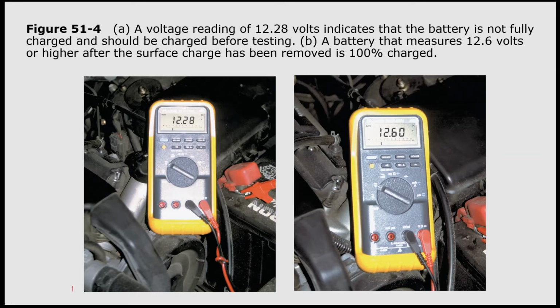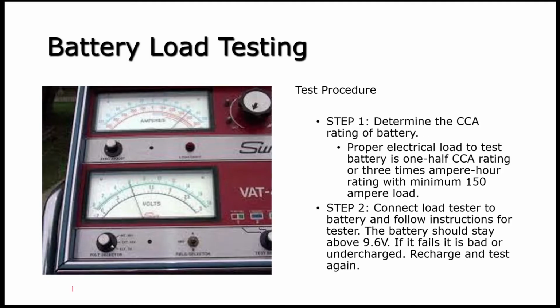Okay. All right. Battery load testing. Test procedures. Hint, hint. There is nothing hanging on this load tester in our shops with these steps. These steps are given to you in your lab book, and they're given to you right here. So take notes.